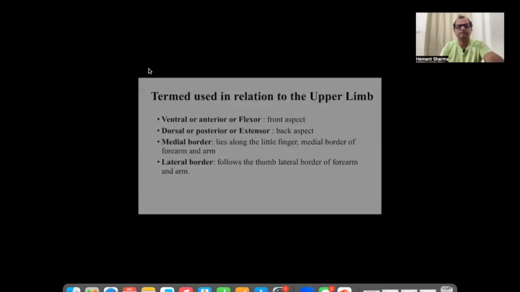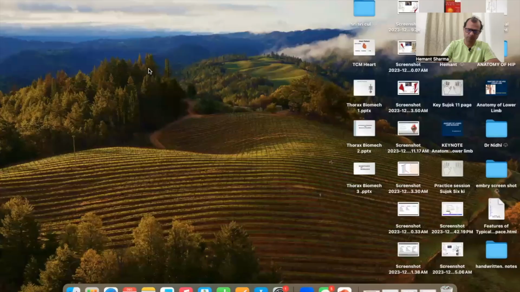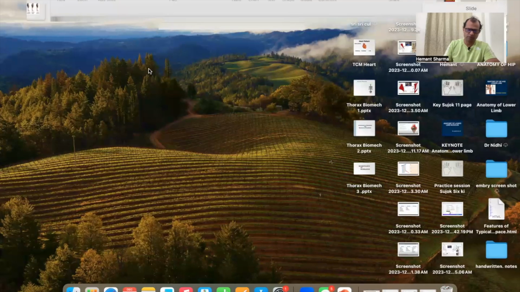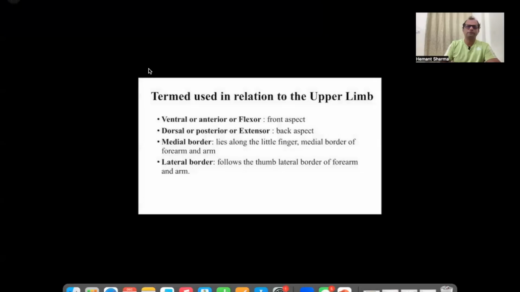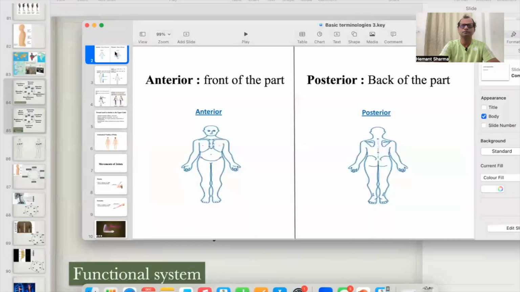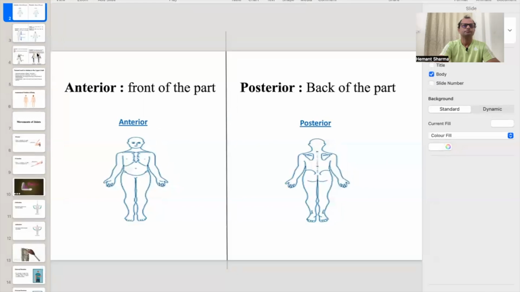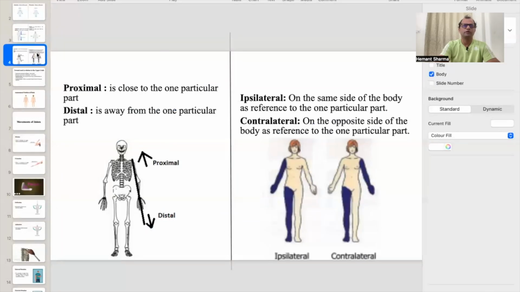So now the important terms we are using in the relationship of the body. So look at here now.